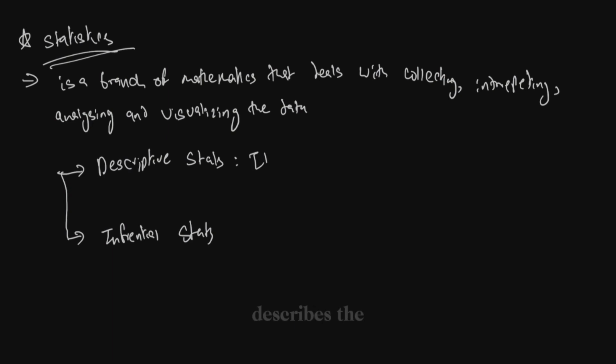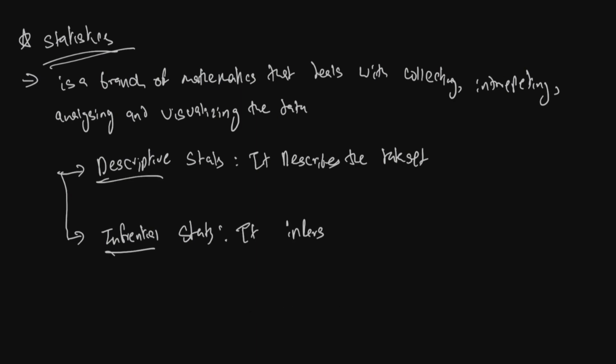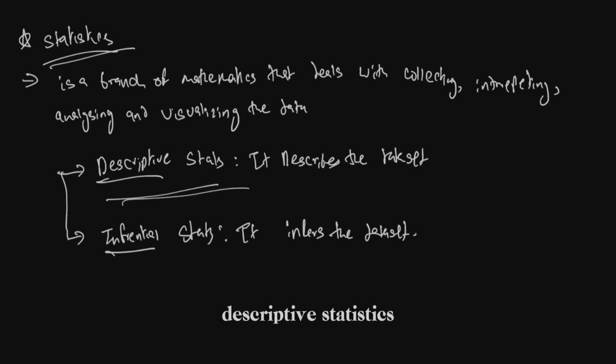It basically describes the data set. And inferential statistics is a branch of statistics that deals with the various analytical tools to draw inferences based on the population. As the name suggests, it infers the data set. So today we'll learn more about descriptive statistics.